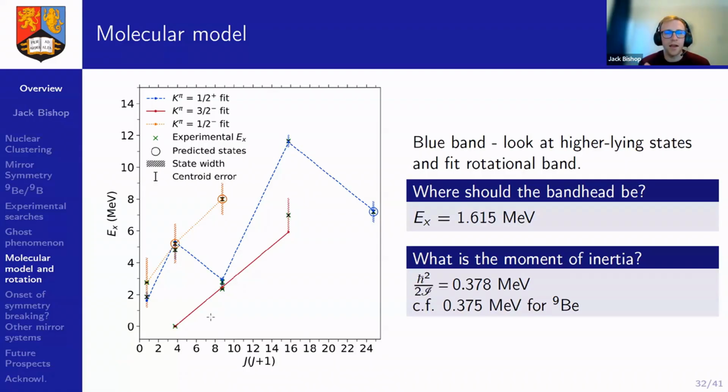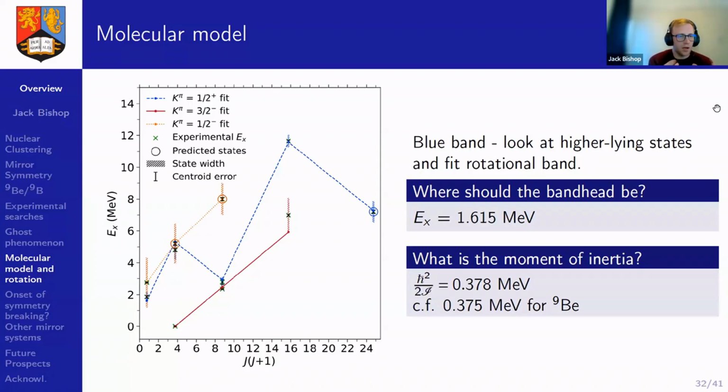The slope of this line tells us what the moment of inertia is going to be. If we look at our 1/2 plus state, we see this really weird zigzag pattern. One state goes up, one goes down, one goes up, one goes down. And this is the Coriolis term splitting these different states, where some go higher, some go lower.